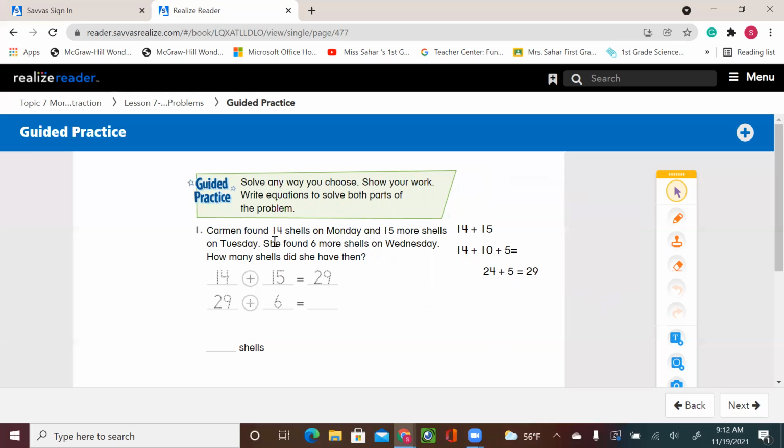Let's see the second part of the problem. She found 6 more shells on Wednesday. So now I have 29. That's the total for Monday and Tuesday. I need to add 6 more. That's what she found on Wednesday. So I'm going to write down now 29 plus 6 equals.